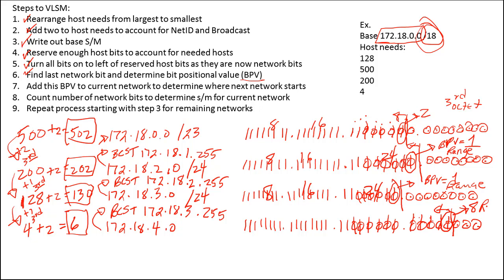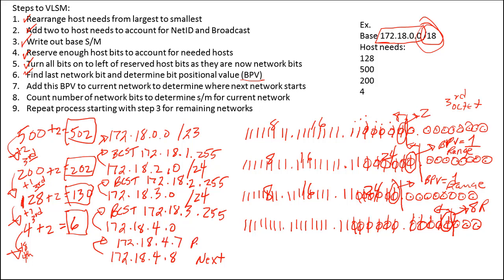Right? There's our range. And even though we don't have a next network, we're just going to add 8 to the fourth octet so that we keep ourselves correct. 172.18.4.8 is where the next network that we're not solving for, but we need to find that so that we can very easily find the broadcast for the network we are working on.